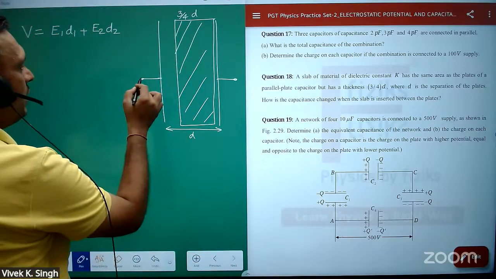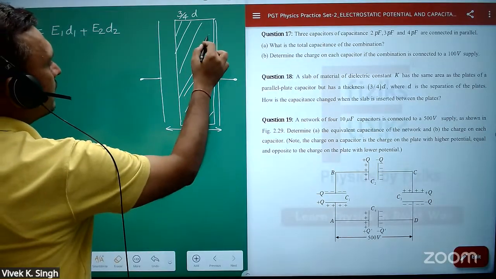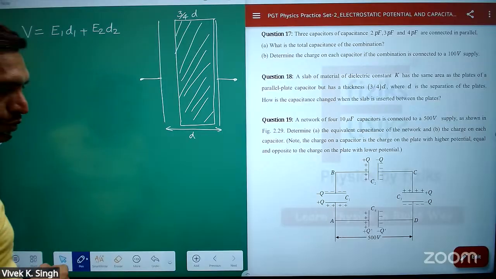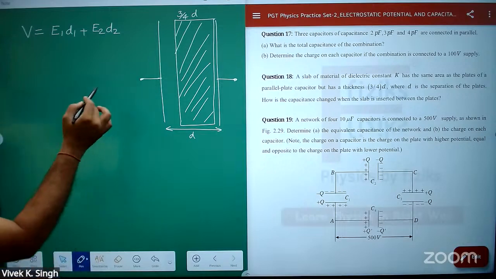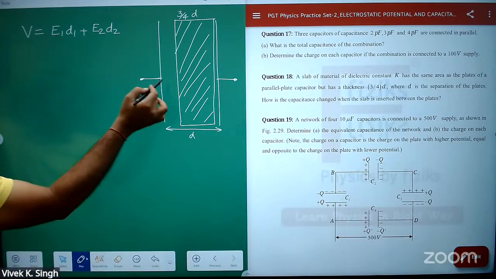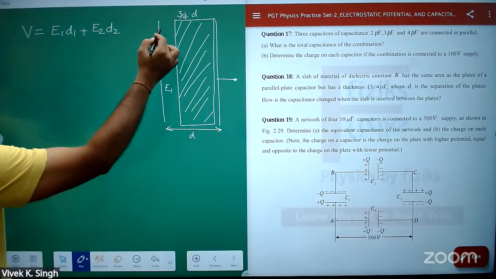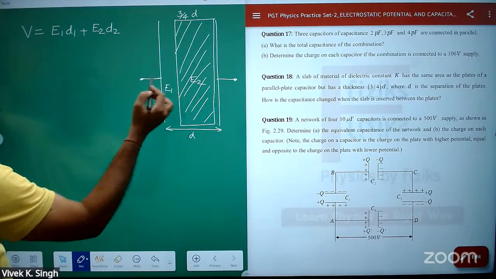You have to see, when this dielectric is inserted, what will be the potential difference? This is free space, and this is the dielectric. E1 is the electric field in this region, and I am taking this distance to be D1, and this electric field is E2.